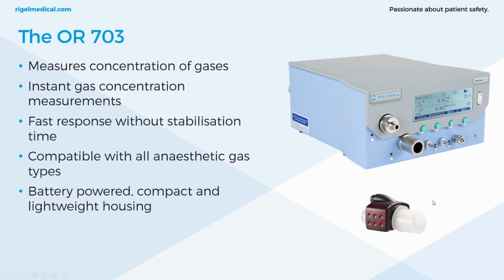It's battery powered, compact, and it's lightweight housing. So it's just a small adapter, connects to the front of the VenTest 800. It goes over there, and then it detects the different gas concentrations and displays these on the statistics screen with the breath-based parameters. So it's a way of also testing your anesthesia machines.